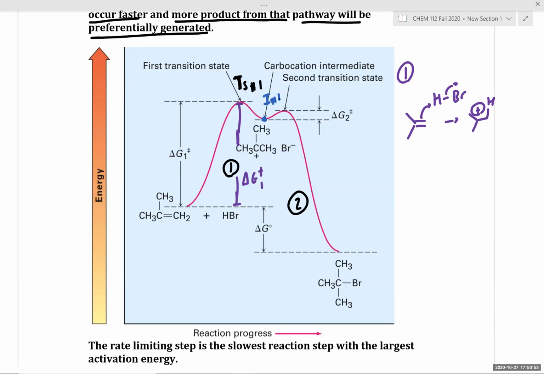The transition state can best be described as a fleeting species, and it is describing how our reactants are organizing themselves in order to complete the bond forming or bond breaking event for that step.